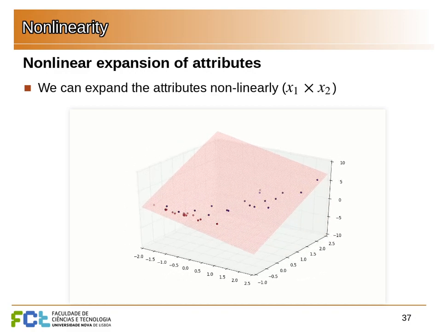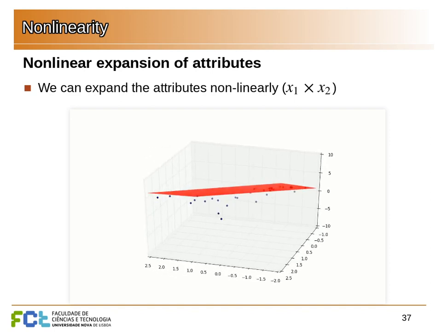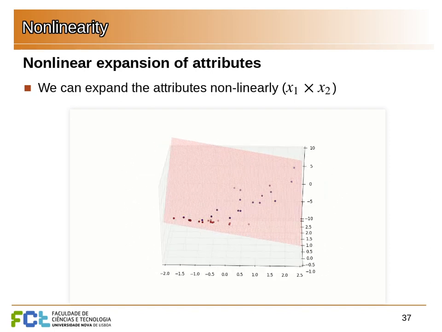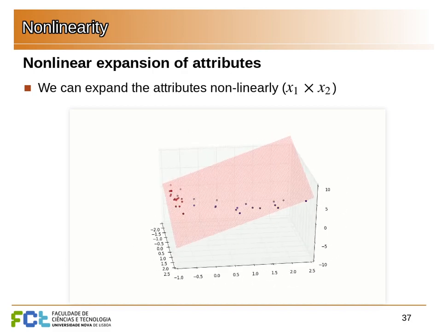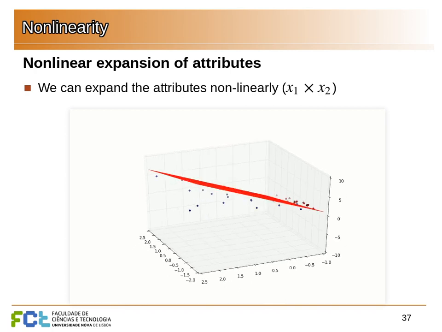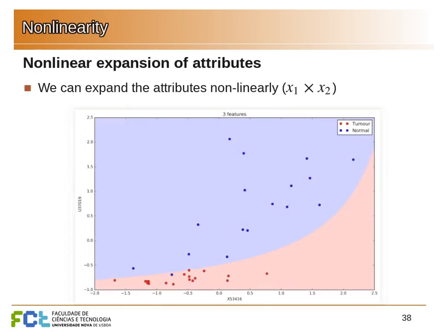For example, we create a third attribute with the product of the first two, and now our data is in 3 dimensions and spread out in a curved surface. And if we do a linear classification in 3 dimensions, we are cutting straight over that curved surface, and this is equivalent to doing a slightly curved separation here.